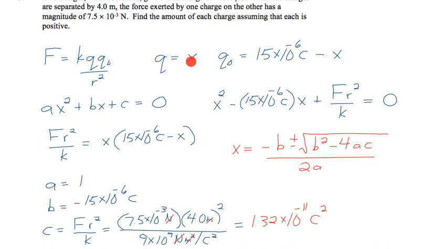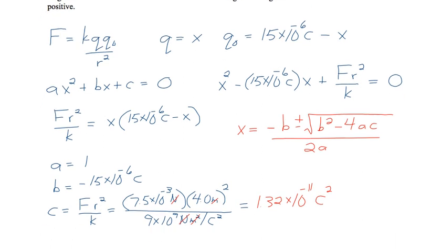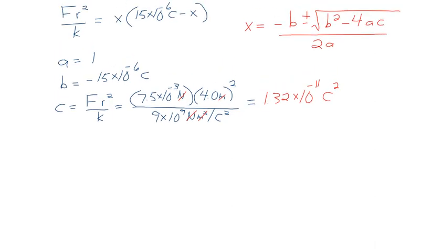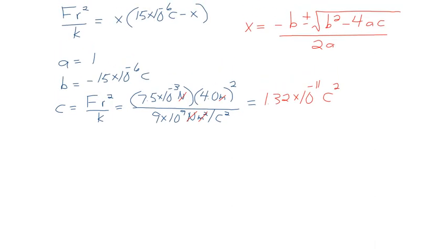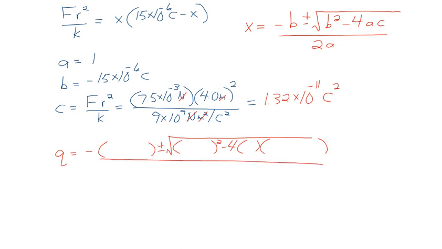Then whatever that value is, we put it in here and subtract it from 15 times 10 to the negative 6, and that will be the other one. So let's see, putting that in, I'll solve for Q. Q equals minus B plus or minus the square root of B squared minus 4AC all over 2A.